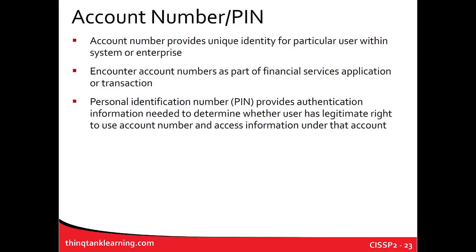The account number uniquely identifies a user to the specific system, typically tied to some sort of financial or enterprise level service, but the account number itself is not enough, right? Account number is almost just like a locator, right? What account is being accessed? It's the PIN or whatever other authentication factor that verifies that the user has the right to access the account. This is what we call a two-part access mechanism. One for identification, one for authentication.